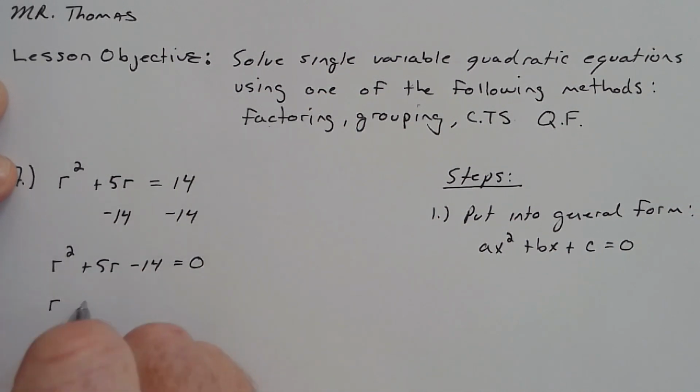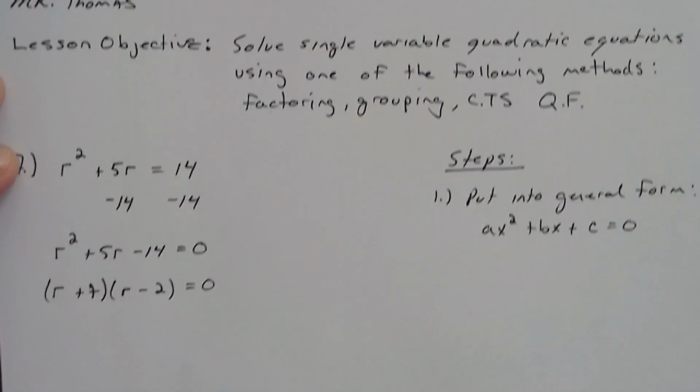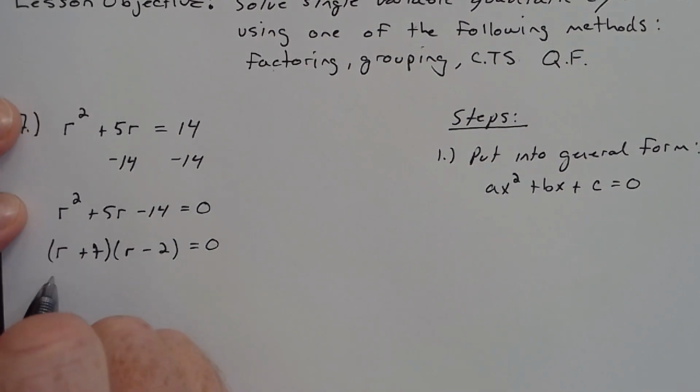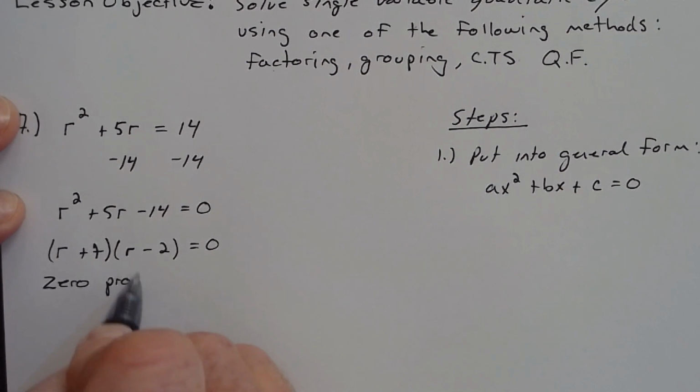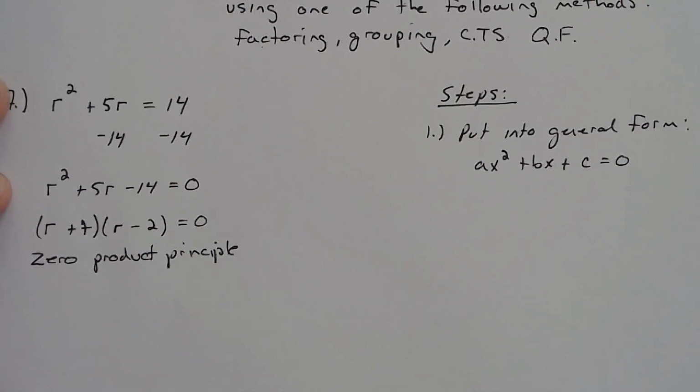So (r plus 7) times (r minus 2) is equal to 0. This is called the zero product principle. It says that when two things multiply to equal 0, one or both of those must be 0.